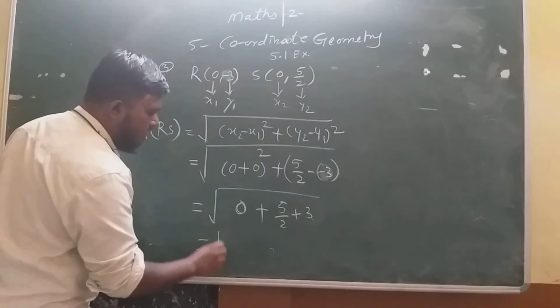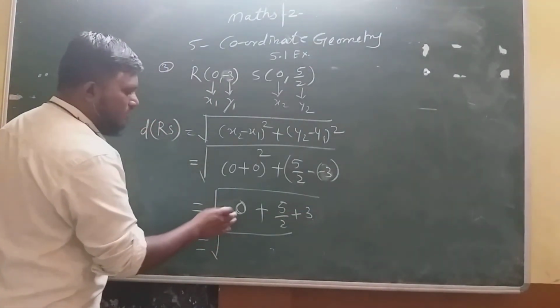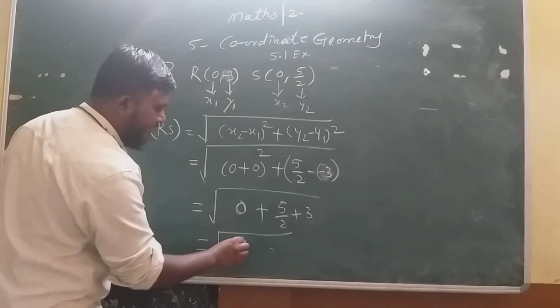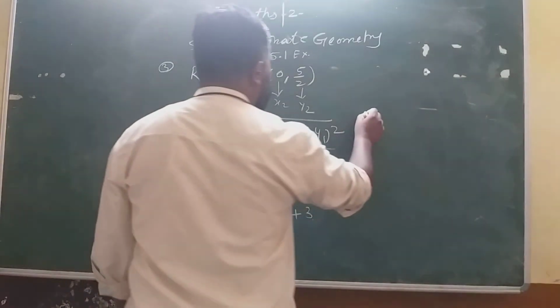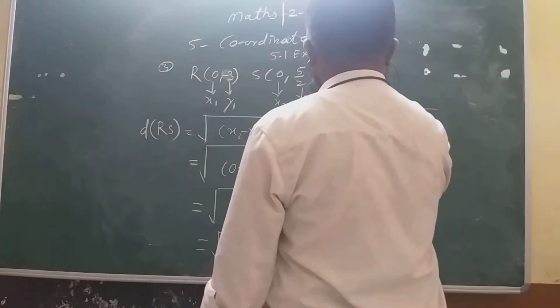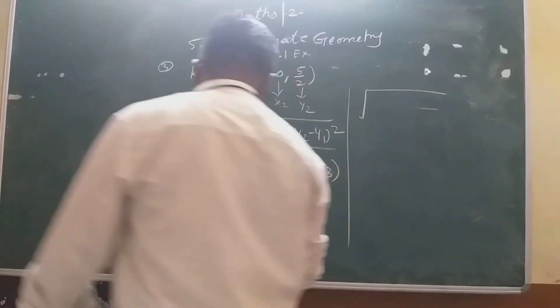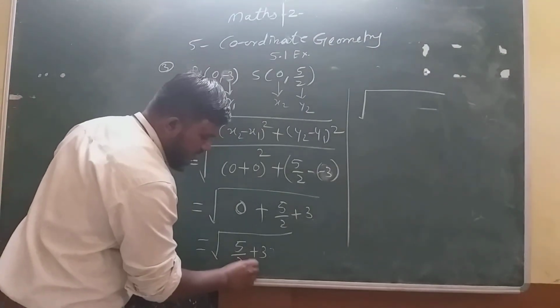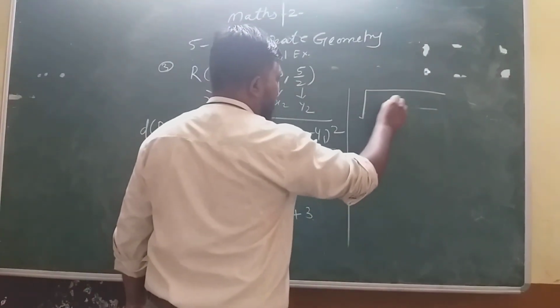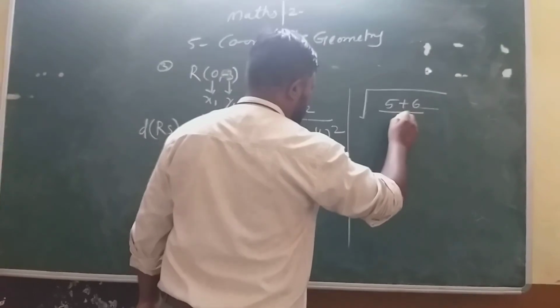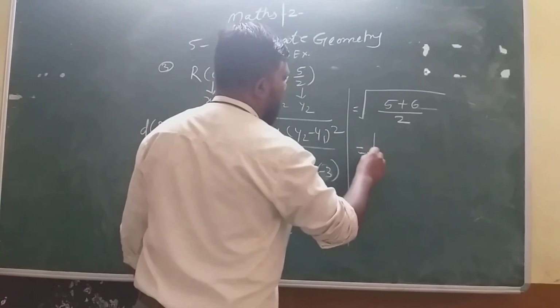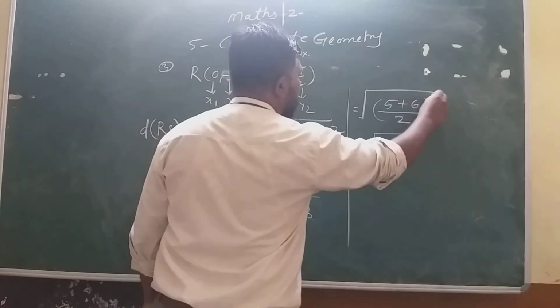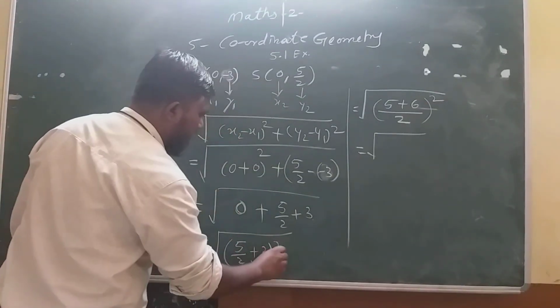So we have to multiply like this, so 0 will be neglected. 5 upon 2 plus 3, it will become under root, 2 3s are 6, 5 plus 6 divided by 2 once again. So it will become, the square they have to take also.